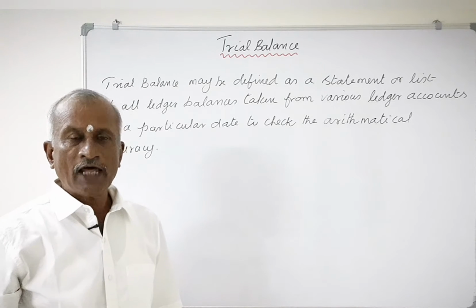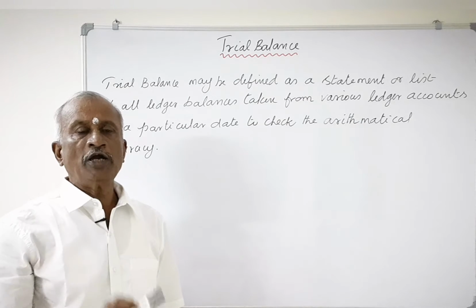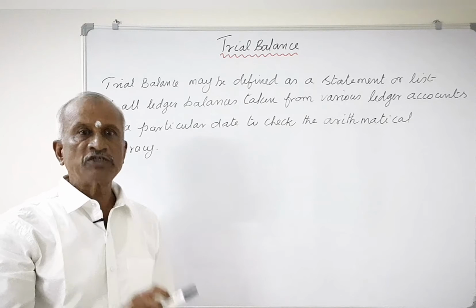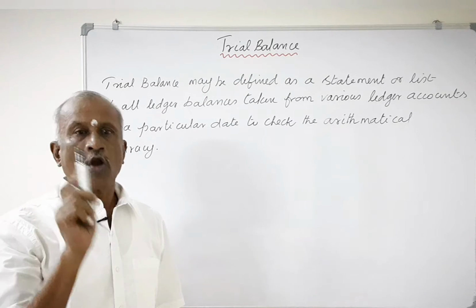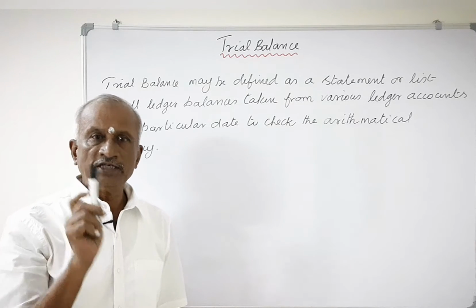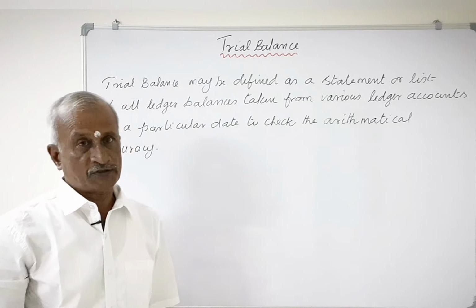All the brought down balances which appear on the debit side of the ledger accounts should be shown on the debit side of the trial balance, and all the brought down balances which appear on the credit side of the ledger accounts should be shown on the credit side of the trial balance.